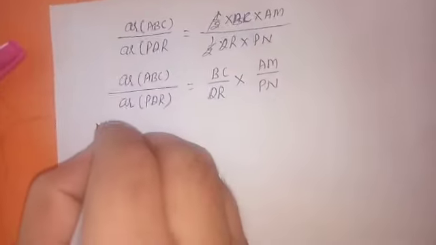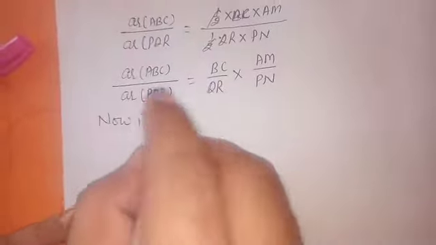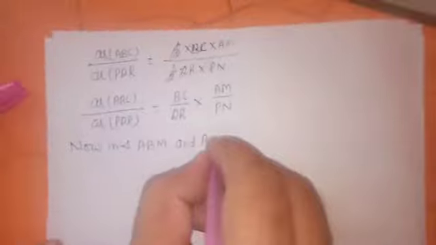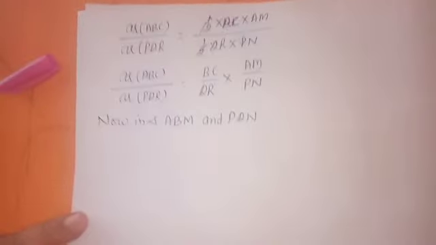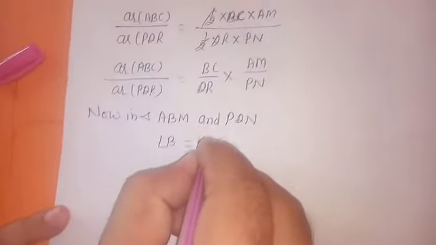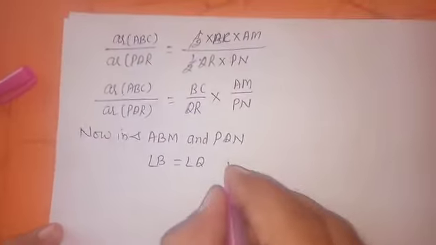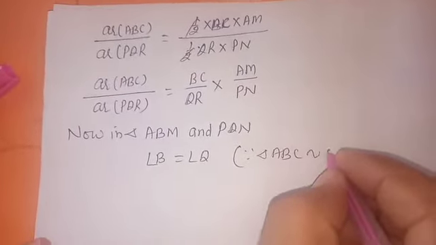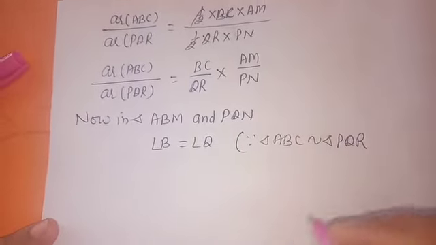So now, in triangle ABM and triangle PQN, here angle B is equal to angle Q. Why? Because triangle ABC is similar to triangle PQR.